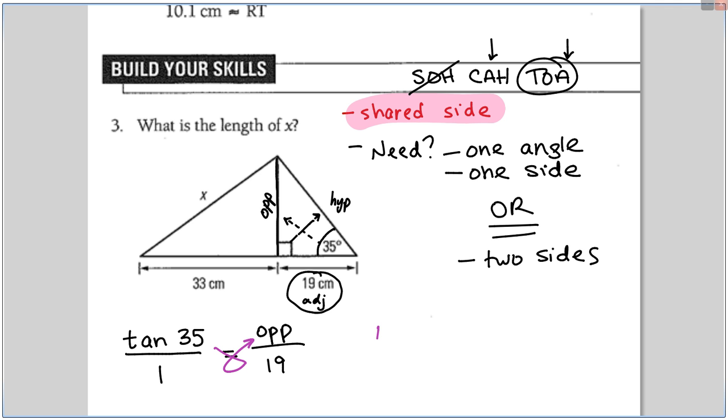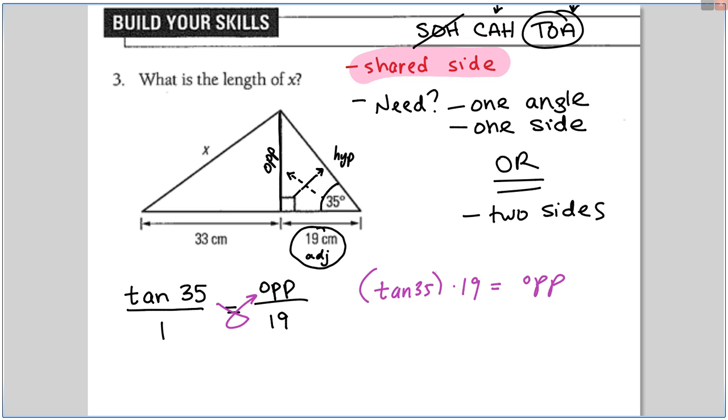So basically tan 35 times 19, and you'll get your opposite. And you have to be in which mode? So your calculator has to say DEG mode. So tan 35 times 19. I'm getting 13.3.